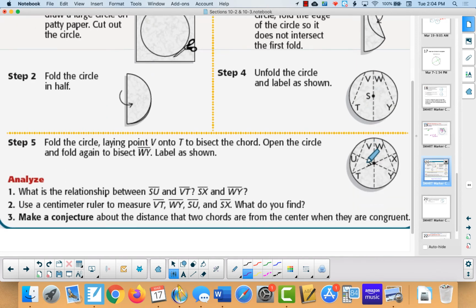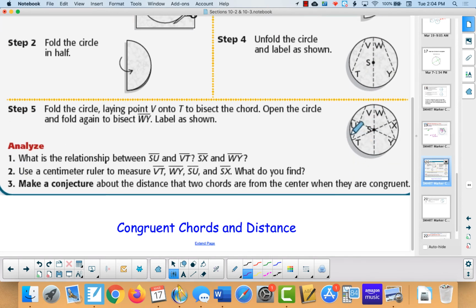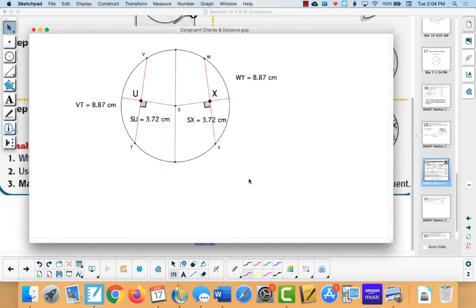In the last activity, you were supposed to use the GSP file that I had on Google Classroom, and hopefully you found that when these chords are the same distance or equidistant from the center, so we can see here that chord WY and chord VT are both 3.72 centimeters from the center, that they are congruent.